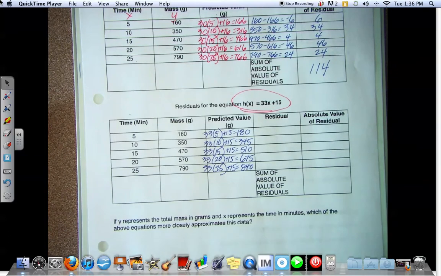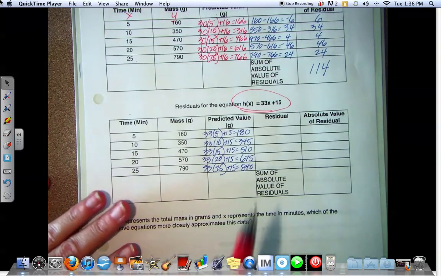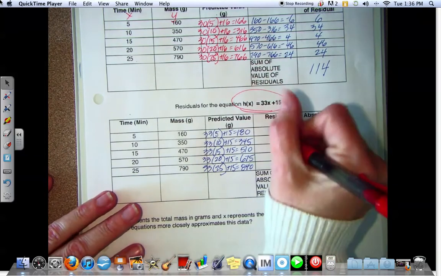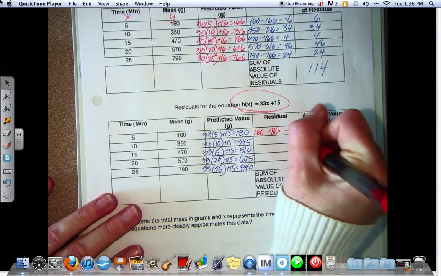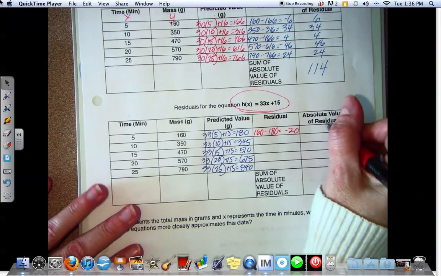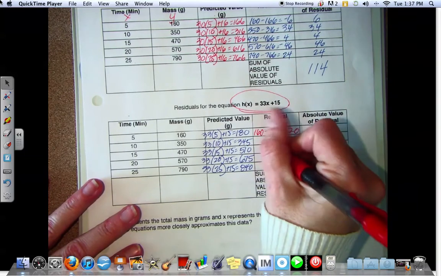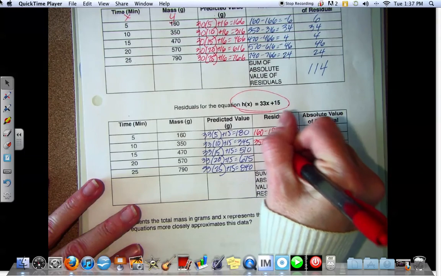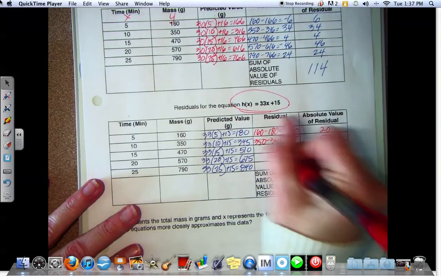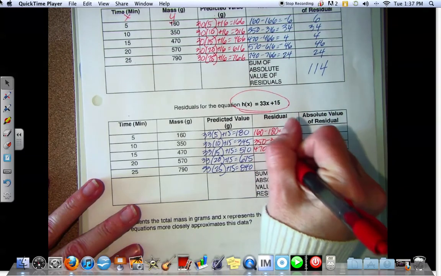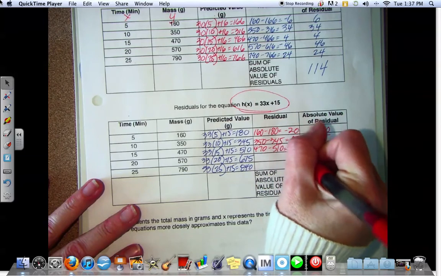How do I find the residual? Subtract the mass by the predicted value. All right. So 160 minus 180, negative 20, which gives me an absolute value of 20. 350 minus 345. 5. Absolute value 5. 470 minus 510. Negative 40.